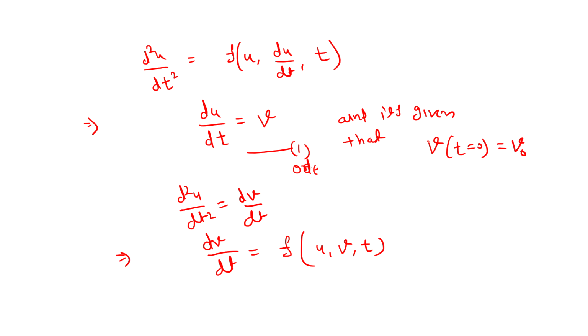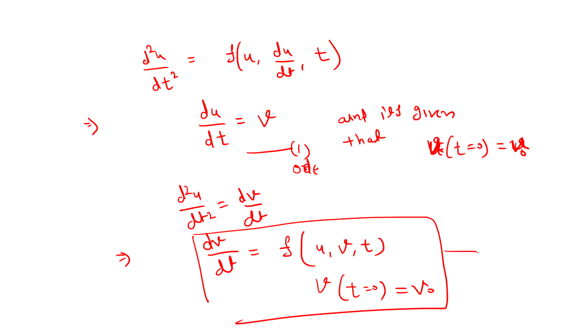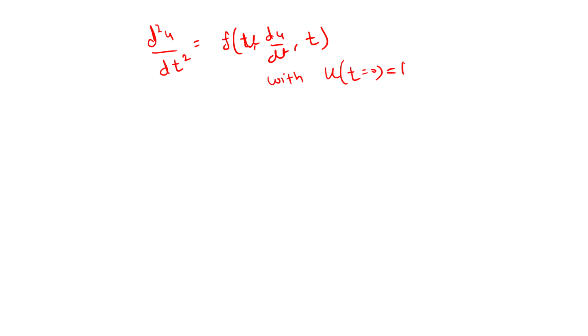For this equation, the initial condition will become u at t equal to 0 is u naught, and for this equation v at t equal to 0 will become v naught. So this is my second ODE. So what we have is d²u over dt² as a function of u, du over dt, comma t, with u at t equal to 0 being u naught, and v at t equal to 0 being v naught.